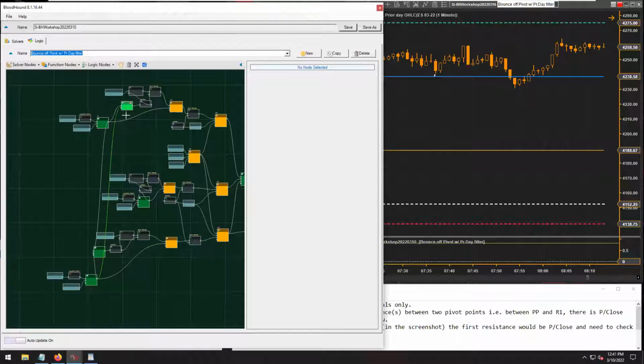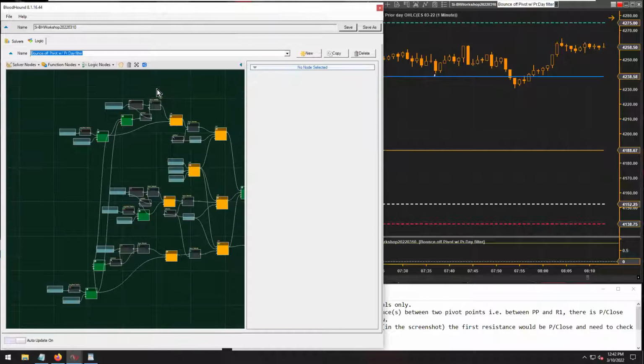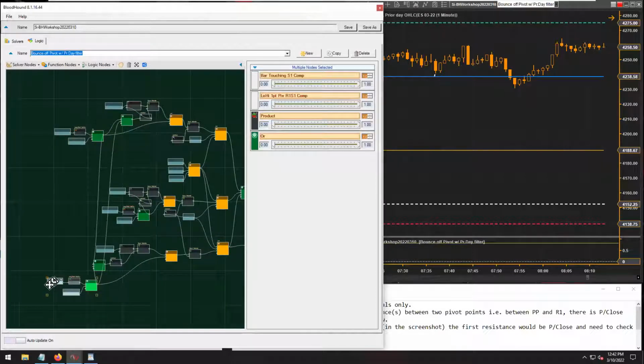Connect that up there. There we go. So now I have the same resets going on here. These two, the signal counter and the signal extender, are being reset using the touch logic for R1, and this is the touch logic for S1.